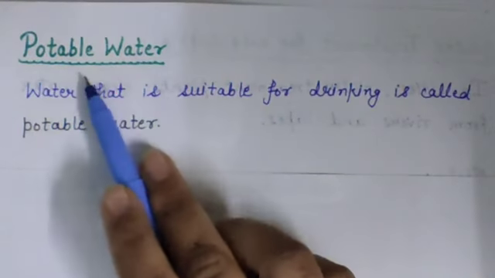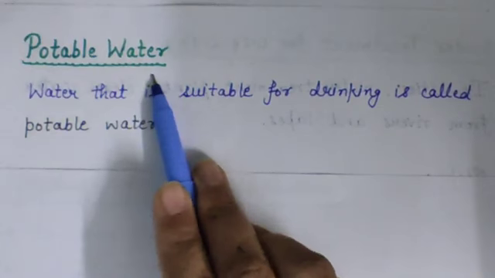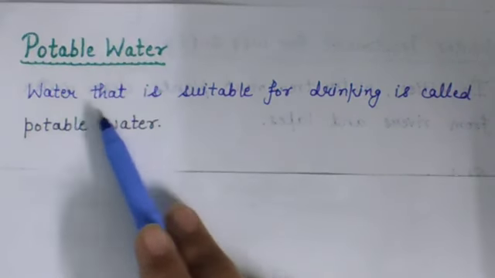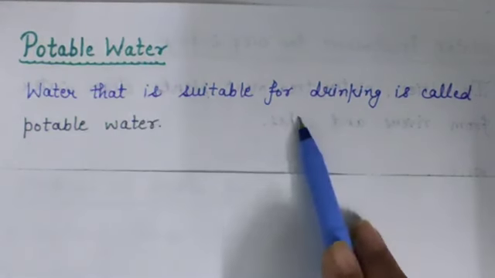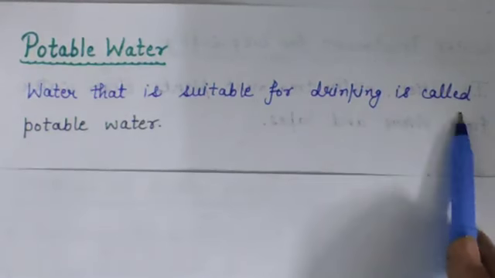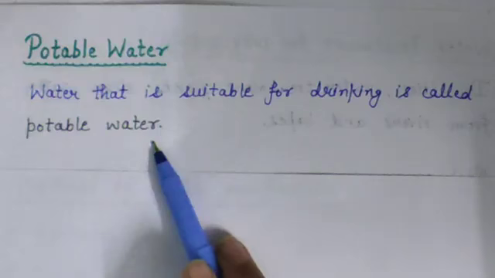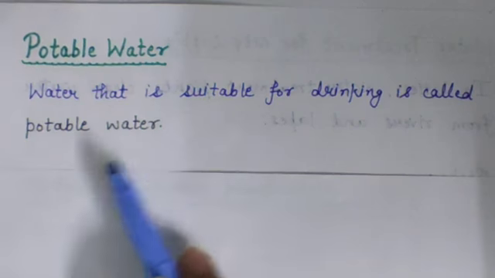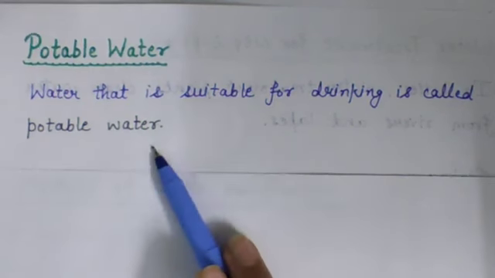Now our topic is potable water. What is potable water? Water that is suitable for drinking is called potable water. It means the water which is free from impurities, or the water which we can drink, is called potable water.